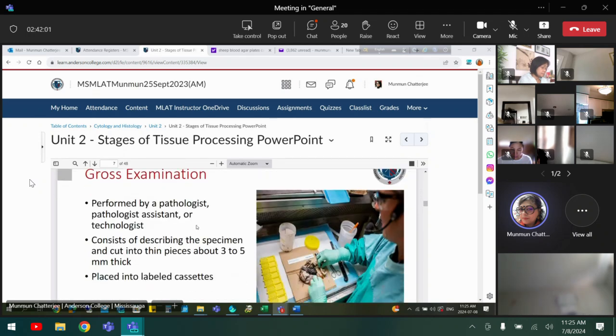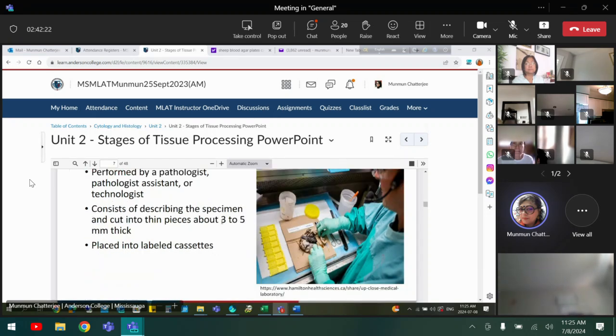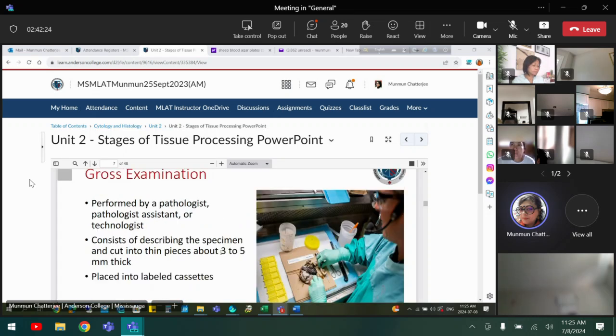So what does gross examination mean? Gross examination is done by a pathologist, not an MLA or MLT. It should be done by a pathologist, pathologist assistant, or pathology technologist. It consists of describing the specimen and cutting it into pieces about 3 to 5 millimeter thick. This is important: when you are grossing the specimen, what size you are going to cut it.